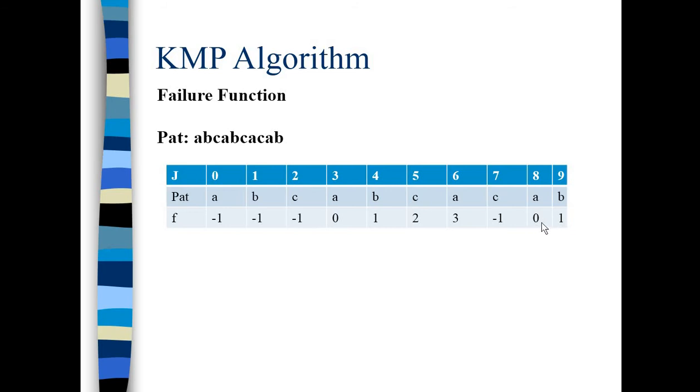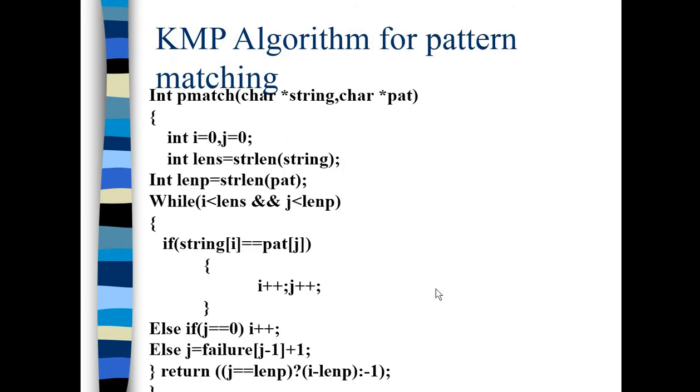So the failure values, if you see, are -1 -1 -1 0 1 2 3 -1, again the 8th and 9th characters match with the 0th and first location characters. In this way you have to find the failure values.